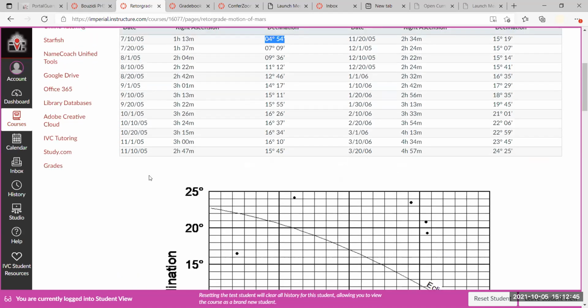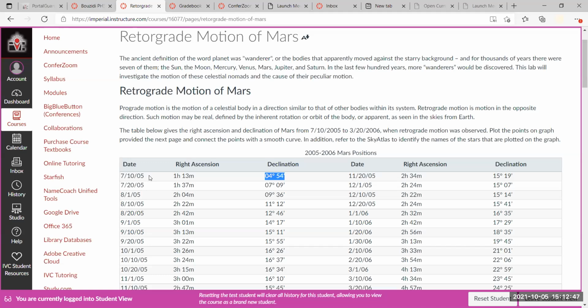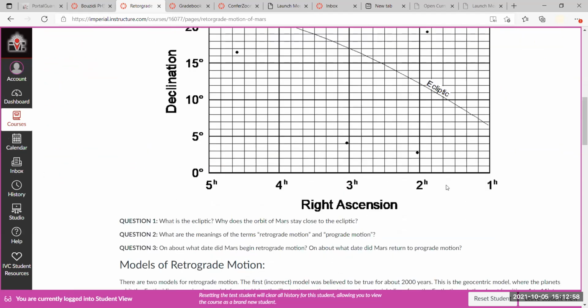On July 10th of the year 2005, where was Mars? Mars was at the position 1 hour and 13 minutes and 4 degrees and 54 minutes. Okay, 1 hour and 13 minutes. This is 1 hour. This is 2 hours. These divisions are 1, 2, 3, 4, 5, 6.